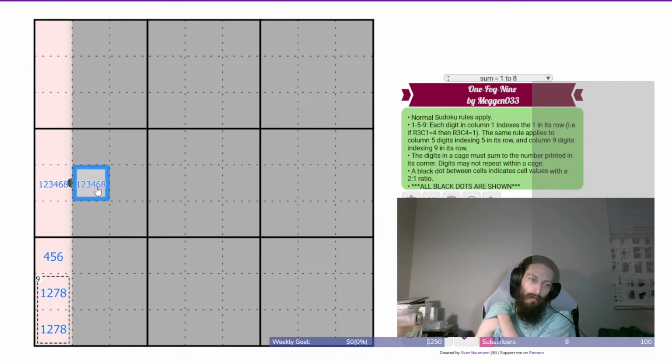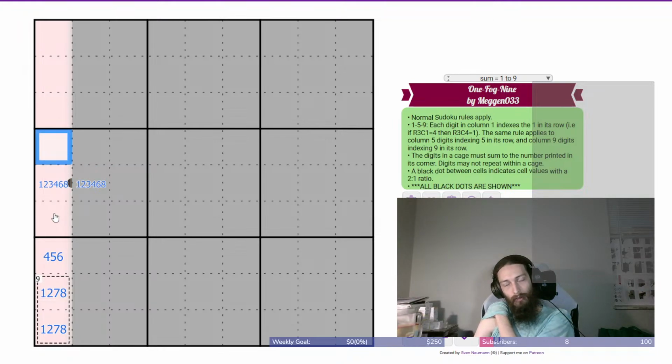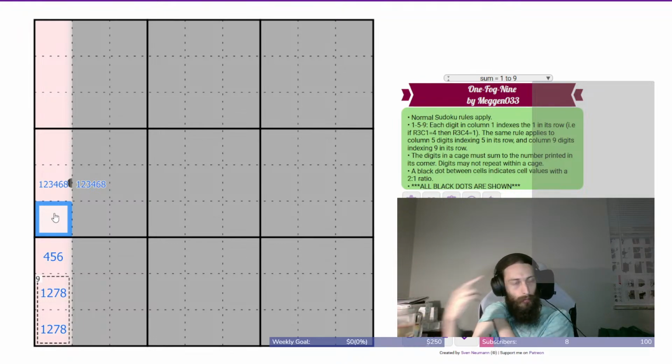If this was an 8, then that's a 4. So then the middle is 5 or 6, and the low is 1, 2, or 3.